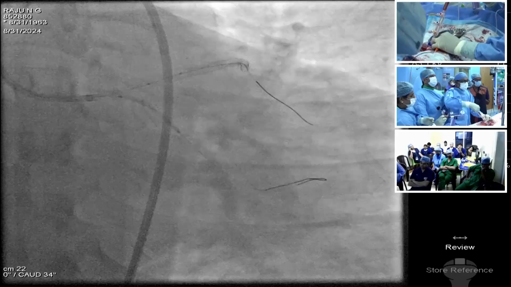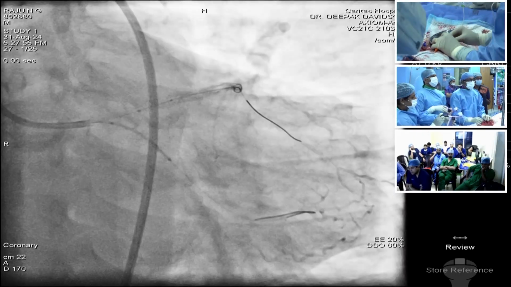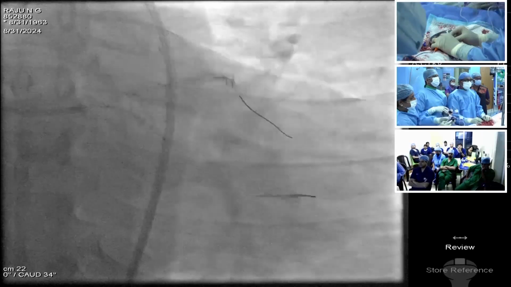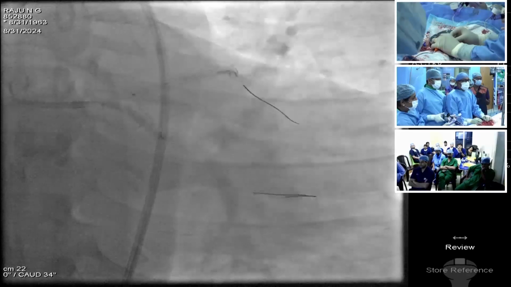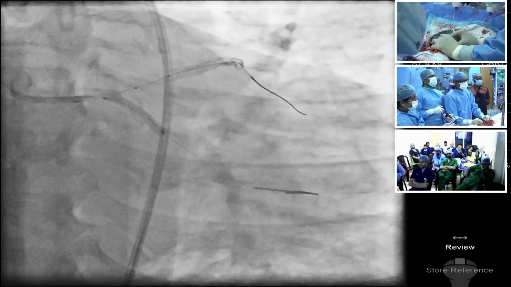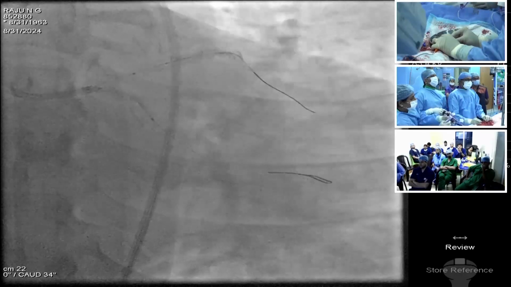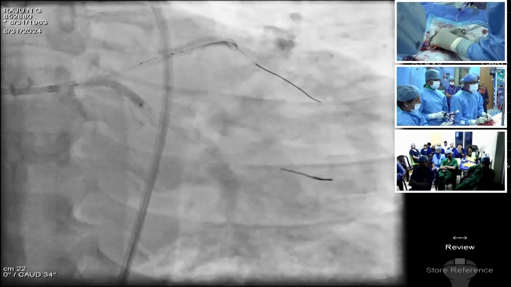This position seems reasonable. Okay, we'll deploy the stent in the circumflex first. Vishnu, 12 atmospheres, stent, 12, negative. 14, 16, 14, 16 and 18, negative.